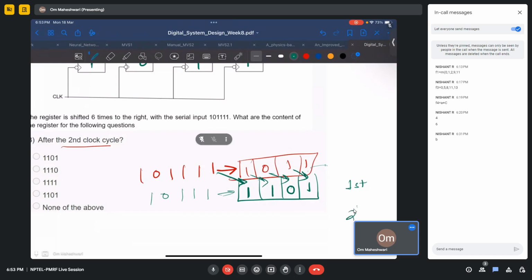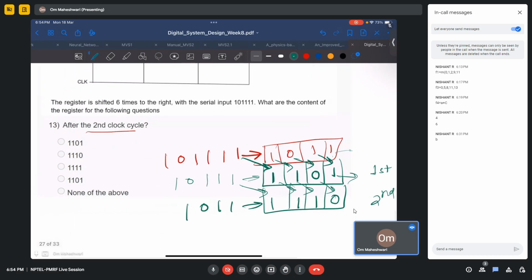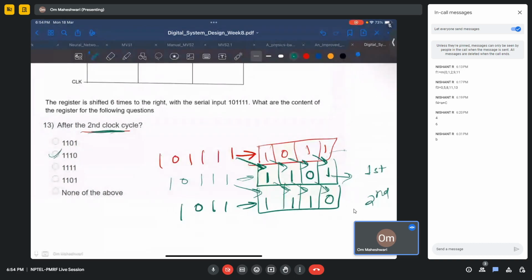In the second cycle, this will come out, giving 1110, and the remaining input is 1101.